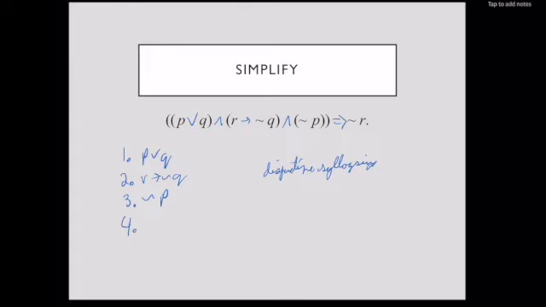That's going to be step 4. What disjunctive syllogism says, if I have P or Q and not Q, we can conclude Q. So I'm left with Q by disjunctive syllogism.